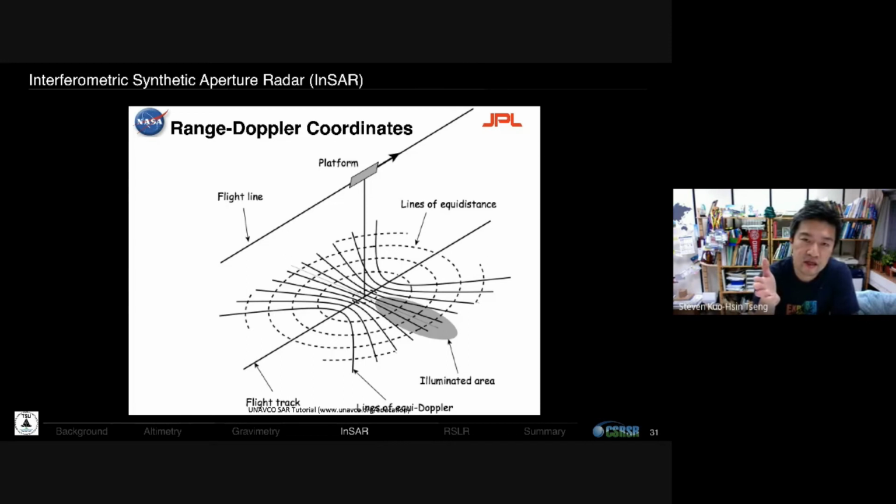Our range estimate depends on the delay of the time. As the footprint expands, you receive different signals from near range to far range. Combining the solid curves and the dashed circles, you can see it divides the plane into grids. Those grids are the imaging pixels.